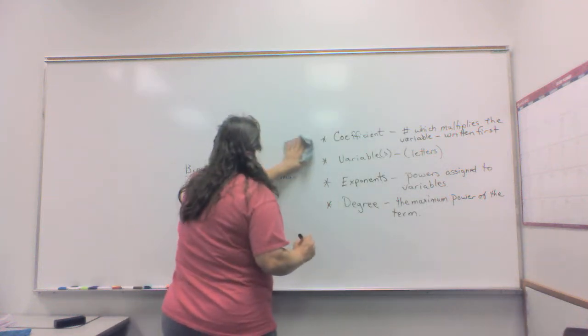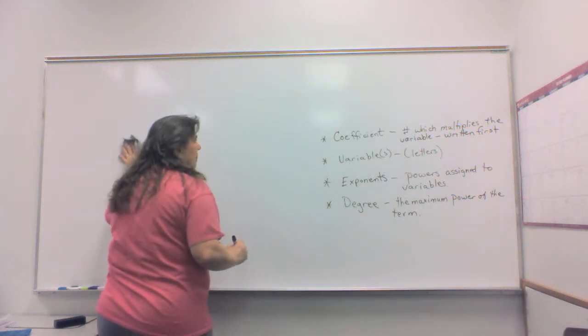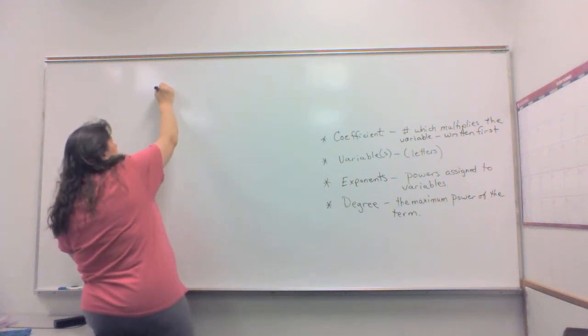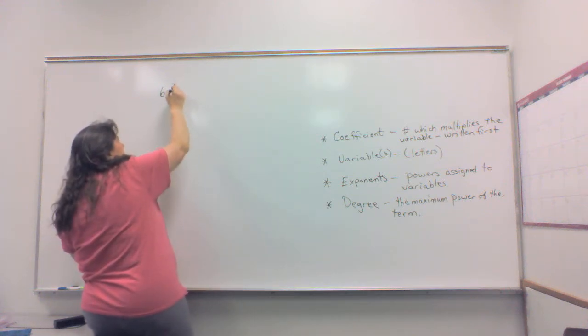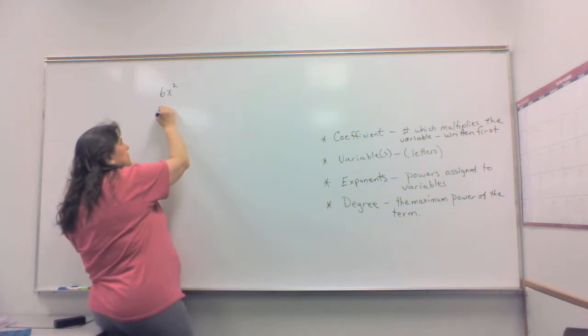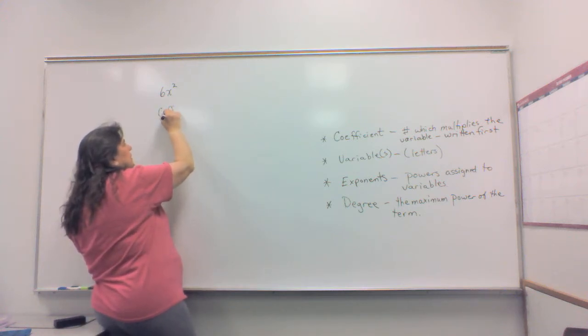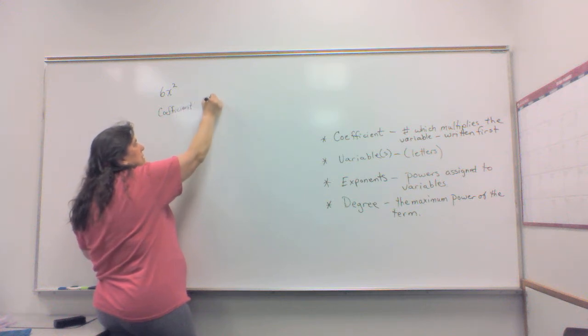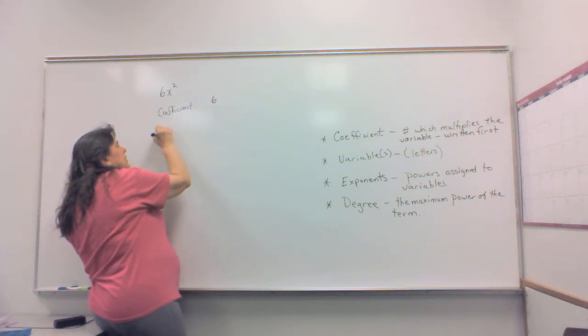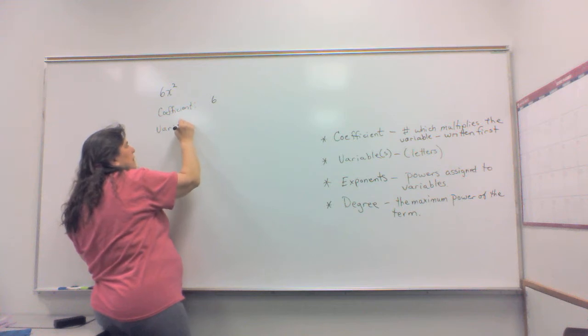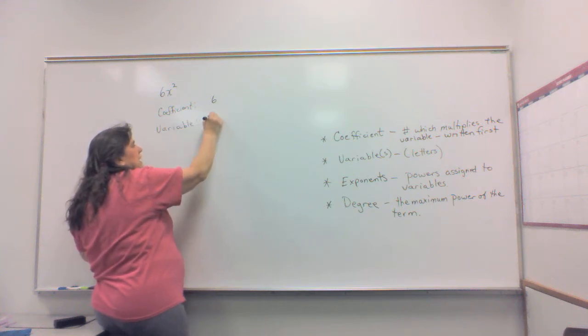So let's look at a monomial. Here's a monomial, 6x squared. So what is the coefficient? Your coefficient is the number 6. The variable is x.